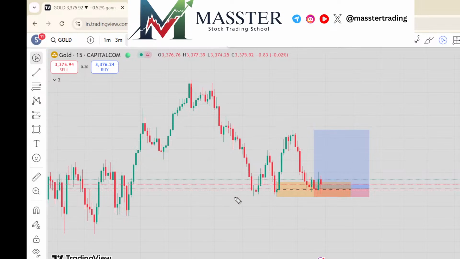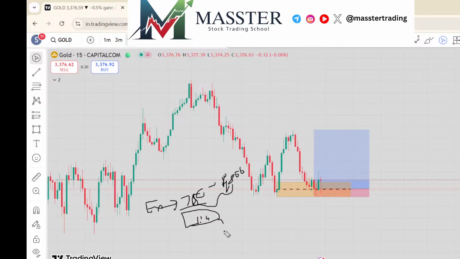If you see in my Exness terminal, I took a risk of around 780 compared to a reward of 4,800. You can easily calculate how much risk I am taking and how much reward I am taking. It's around 1:4.